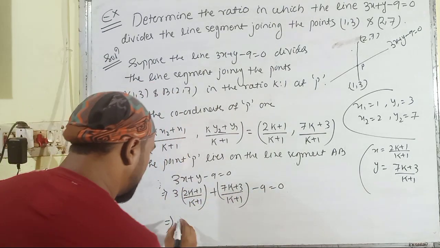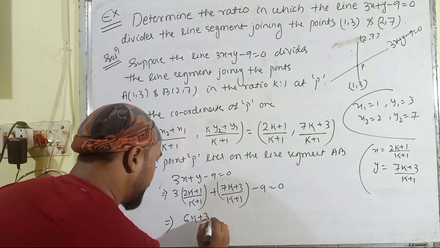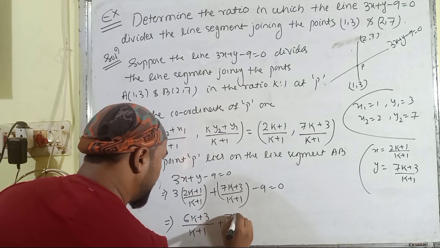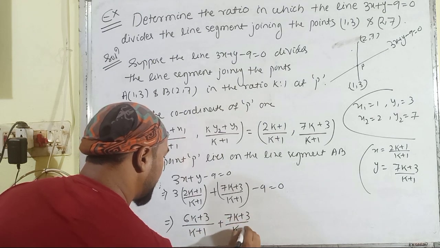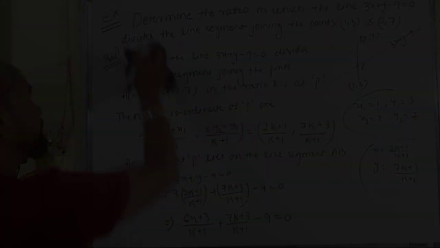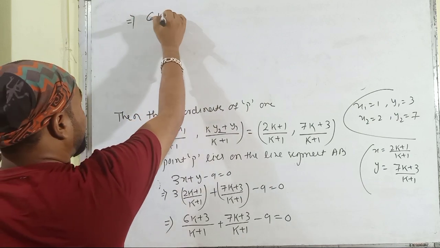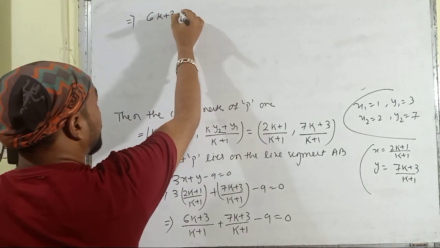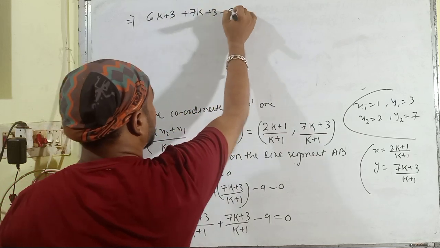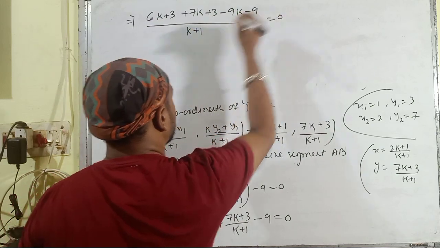Just solving these numbers, (6k plus 3) divided by (k plus 1) plus (7k plus 3) divided by (k plus 1) minus 9 is equal to 0. So solving this equation, 6k plus 3 plus 7k plus 3 minus 9k minus 9, divided by k plus 1, is equal to 0.